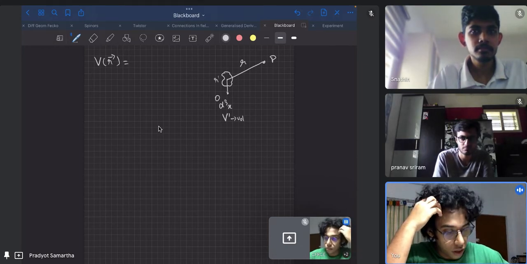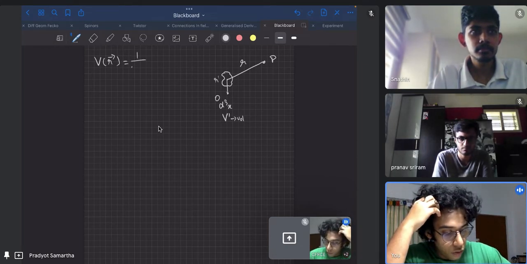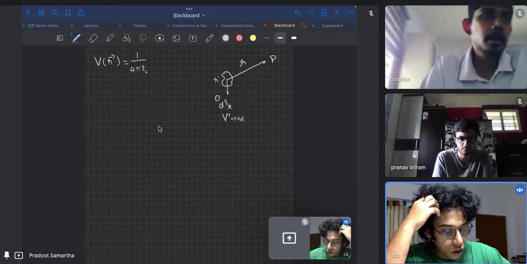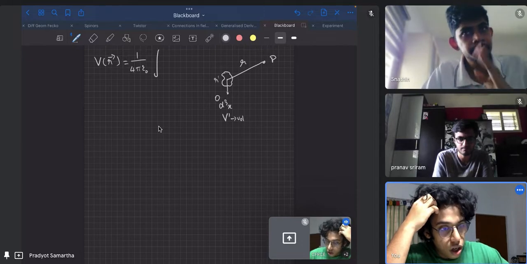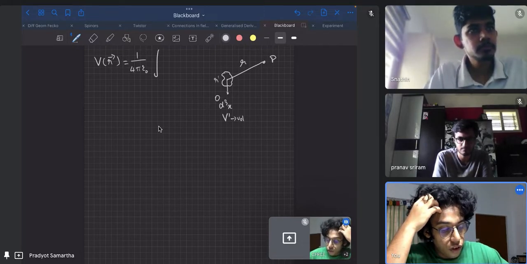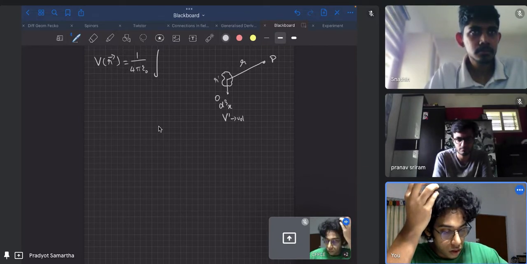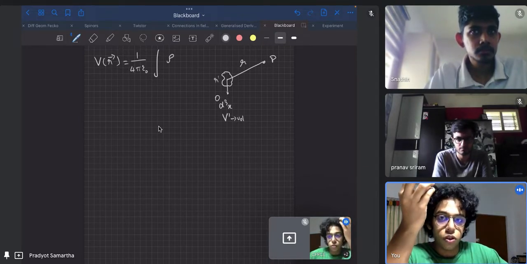It's simple, right? You have 1 by 4 pi epsilon naught, the constant that is always there, and then an integral over the charge density.